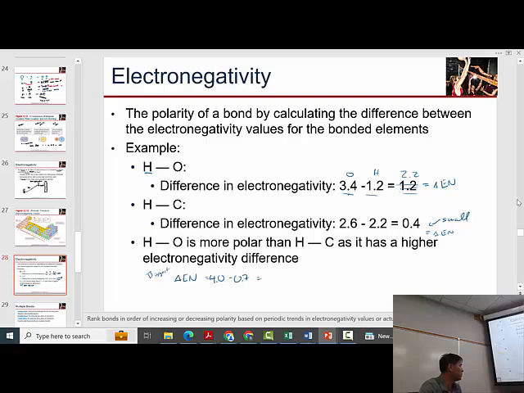So the difference would be 3.3. And what's the smallest difference we can have? Like a 4.0 minus a 4.0. That would be 0. So the biggest delta EN is 3.3, the smallest is 0.